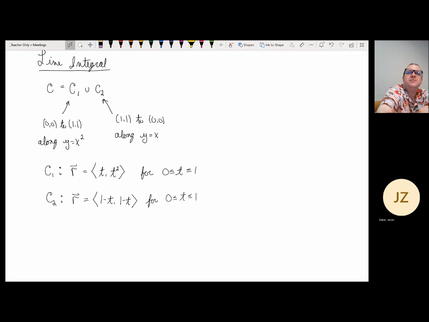Can you go more in depth on how you got C2, or well, the r vector? I'm a little bit confused. So what I did is I made a first point at 1, 1.